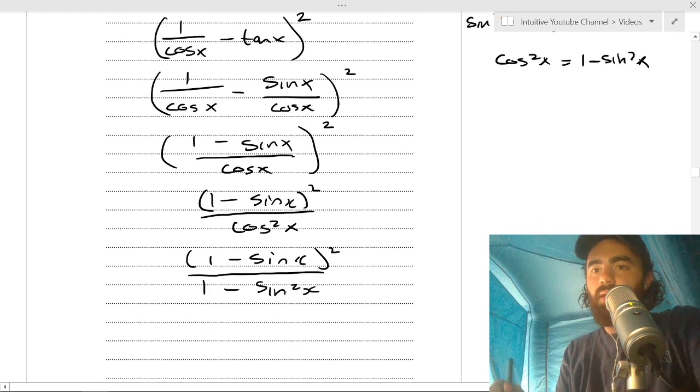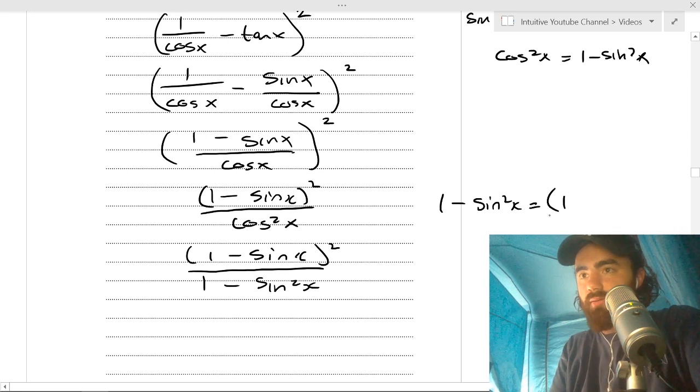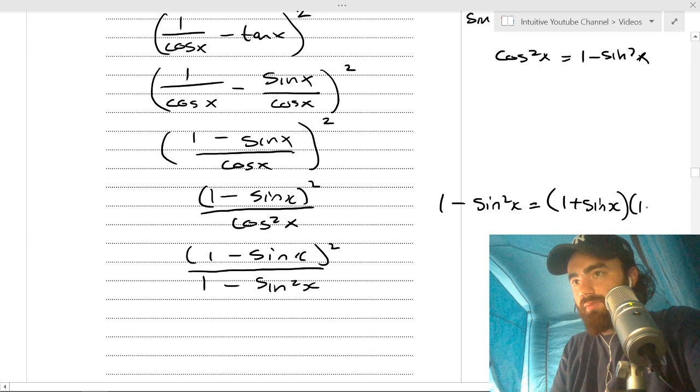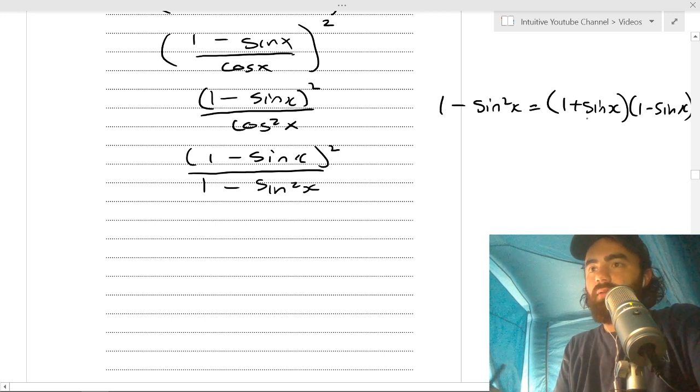The key thing here then is to realize that 1 minus sine squared x, and I show you this in the hack series, is the same as 1 plus sine x times 1 minus sine x. Because these 1 minus sine x terms are going to cancel, and you can see that those are equivalent if you expand it out.